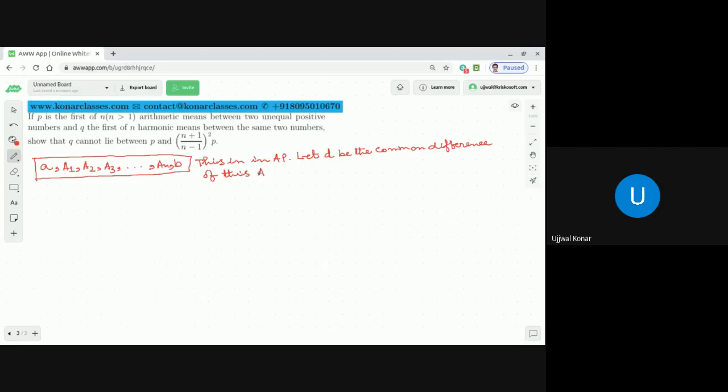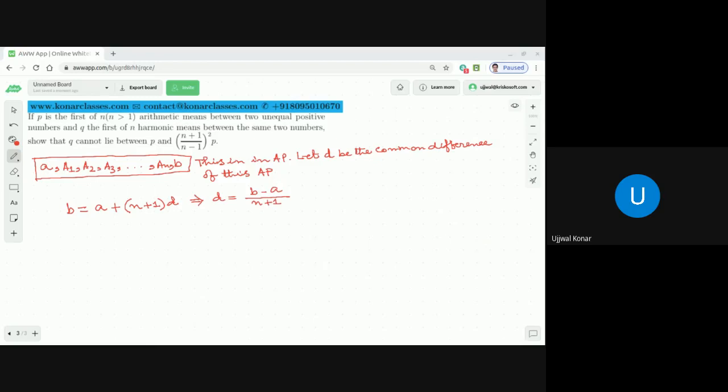Then what are we going to get, dear students? B is equal to the n plus 2th term, so B is equal to A plus (n plus 2 minus 1), that is (n plus 1), into D. By this time you will be knowing this. So from here we get D is equal to (B minus A) by (n plus 1). Clear or not clear?